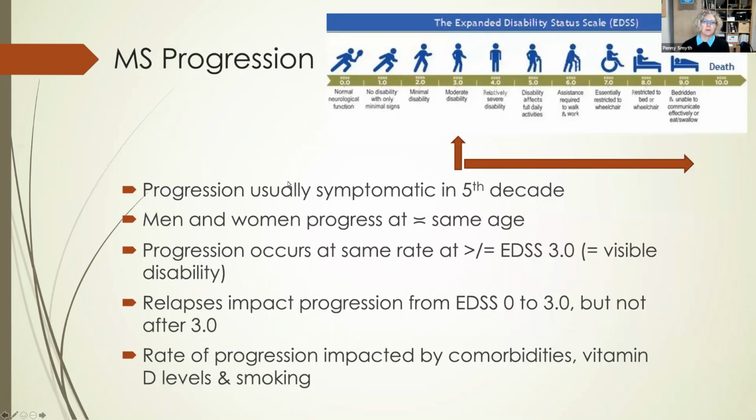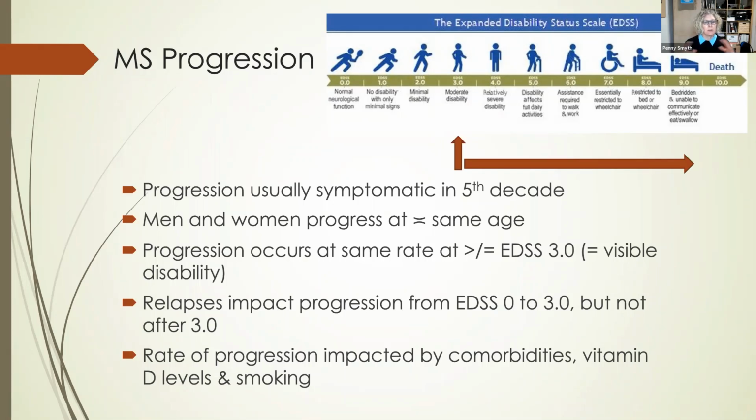What is so weird about MS, amongst so many different things, is that when people start to progress, remember I talked about secondary progressive, which most relapsing and remitting patients move into, or even primary progressive, which usually occurs in people over the age of 50, that's when they're diagnosed and then they have progression. No matter what type of MS you have, you usually get some progression in the 5th decade.